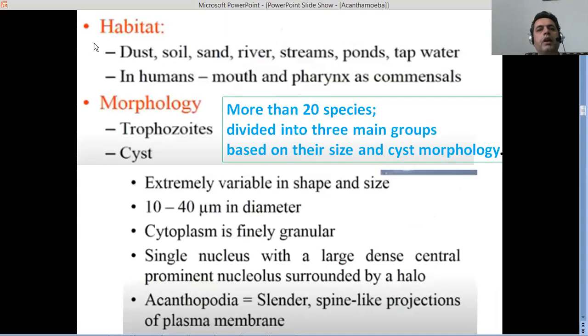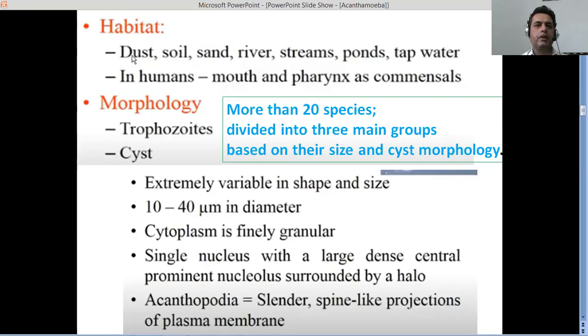As for the habitat, they are ubiquitous. We would discuss this particular aspect in the upcoming slides when we discuss the diversity of the pathogens and the diversity of different environments where you can find this particular pathogen.